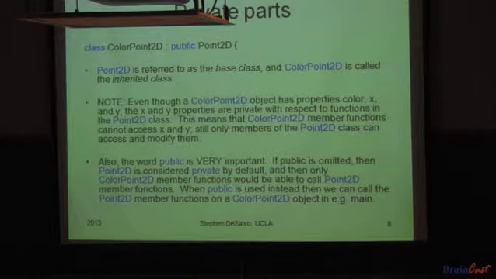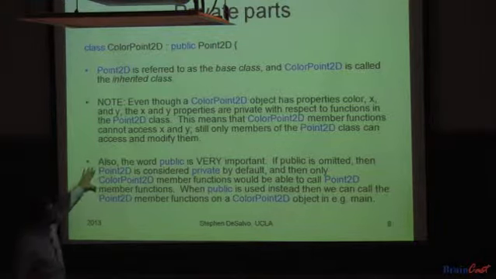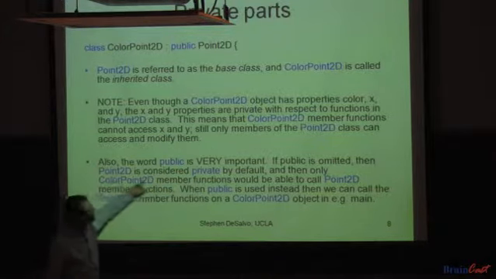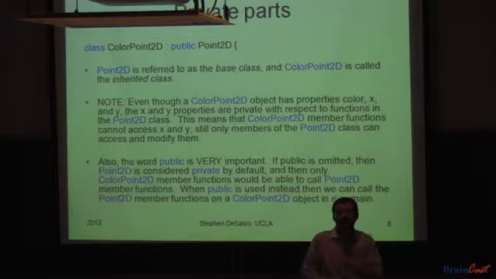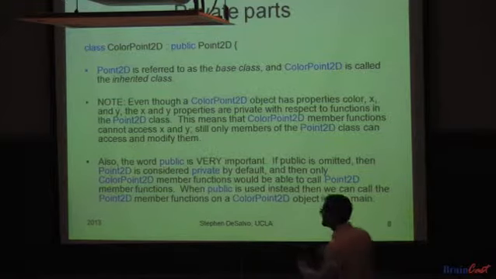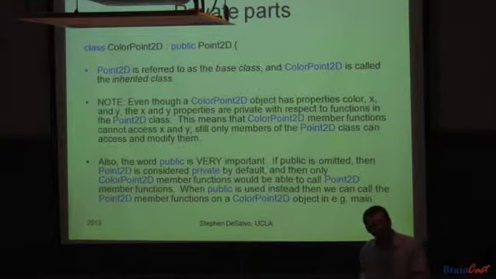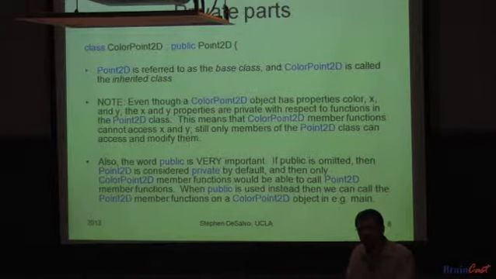Also, the word public is very important in the public point2d inheritance section. Okay? If you exclude the word public, then point2d is actually considered to be what's called privately inherited, meaning you want to hide the fact to the outside world that you even have this internal point2d property.